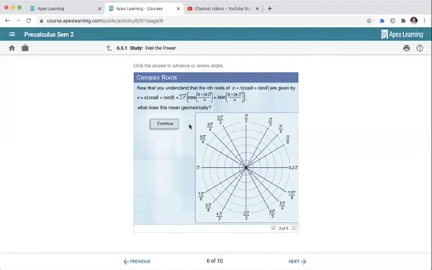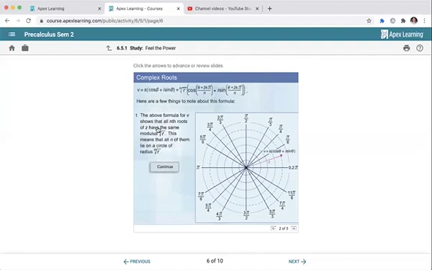So if we look at things in terms of roots, what does that mean geometrically? Right here is the formula for v, and it shows the nth roots of z have the same modulus. They have the same r value. That means that all of the n roots will lie on this radius.